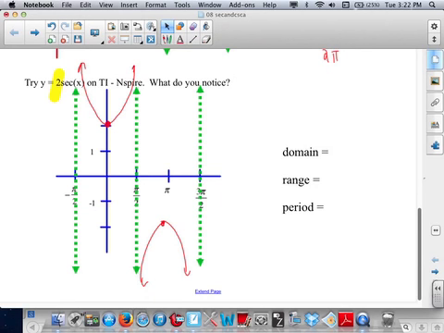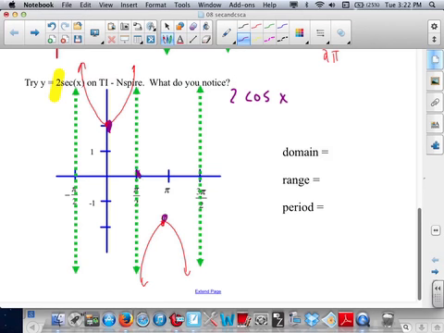Now, the reason it does the stretch out is because this is very similar to a cosine graph. If you had 2 cosine of x, wouldn't that start here, go here, here, here, and continue on over here? As you can see, for a graph of 2 cosine of x, how it's related to secant of x, the amplitude actually moves it up.